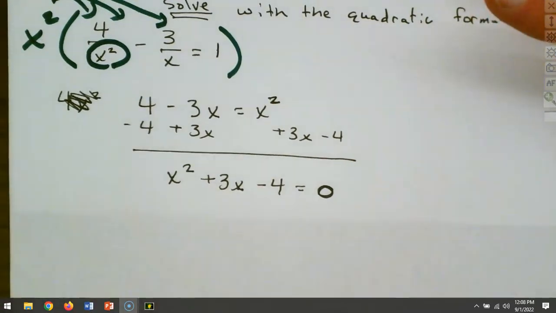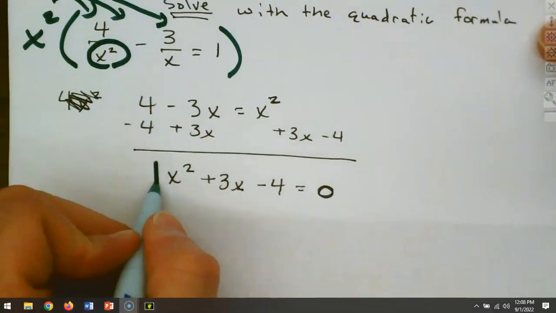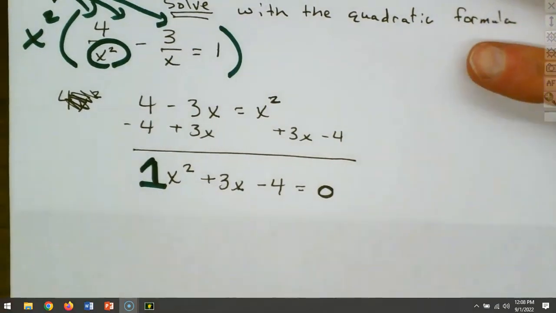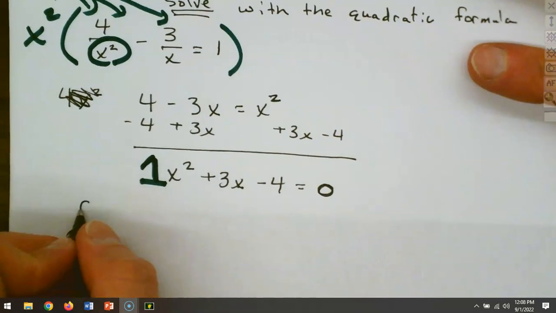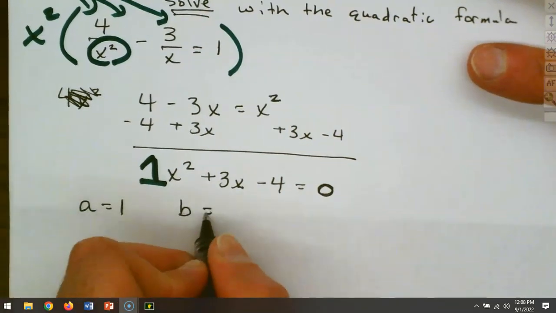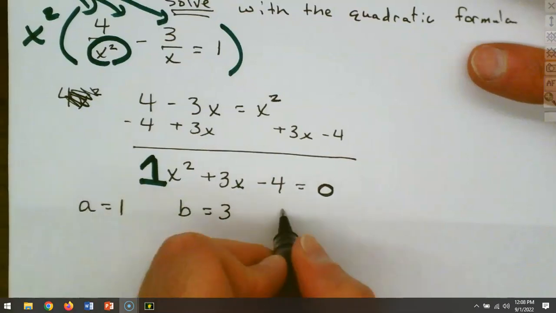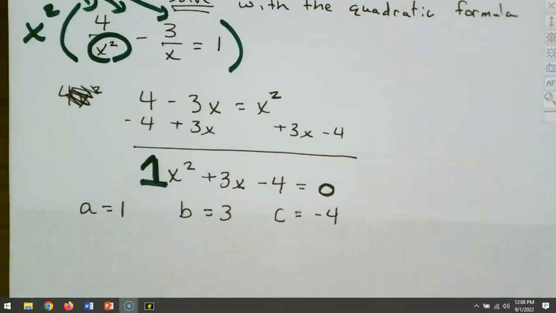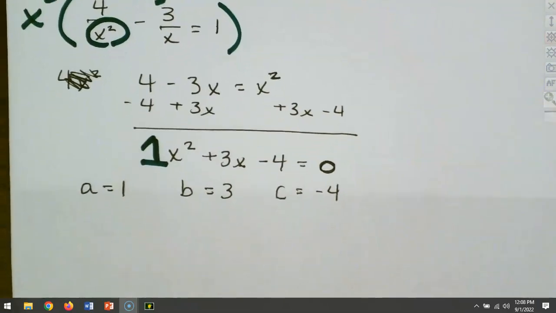If there's no number in front of your x squared, you just put a 1 there. So a is 1, b is 3, and c is a negative 4. So watch your signs. Make sure you put it in the correct order.